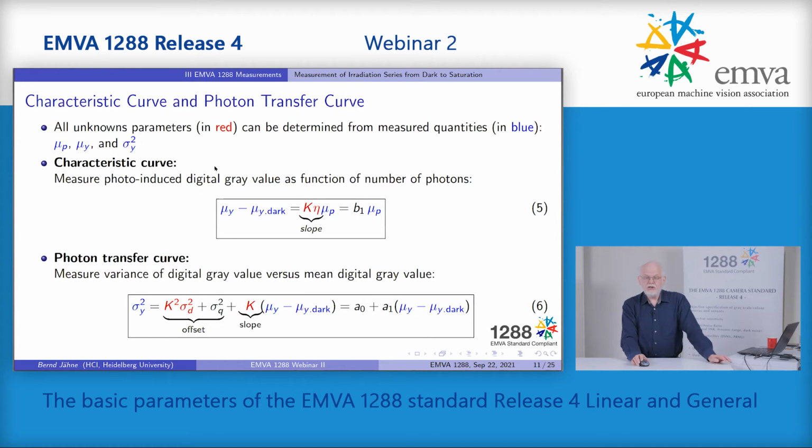Let's start. What do we have to do to measure? We have to measure an input-output relation, and we measure the incoming photons. We measure the mean of the output signal, and we measure the standard deviation or variance of the output signal in time. That means we get basically two pieces of information. One is called the characteristic curve, that is simply the mean output as a function of the mean input, and the mean input is a number of photons.